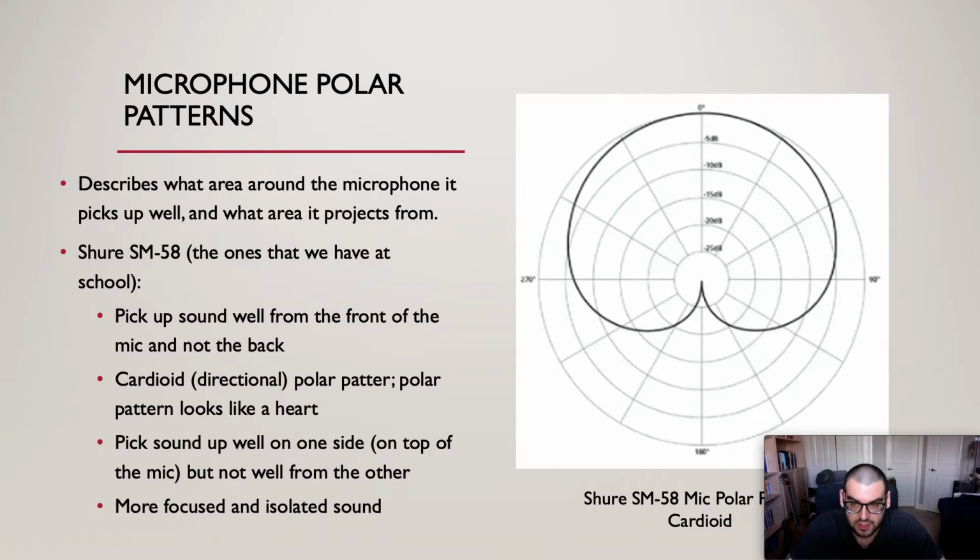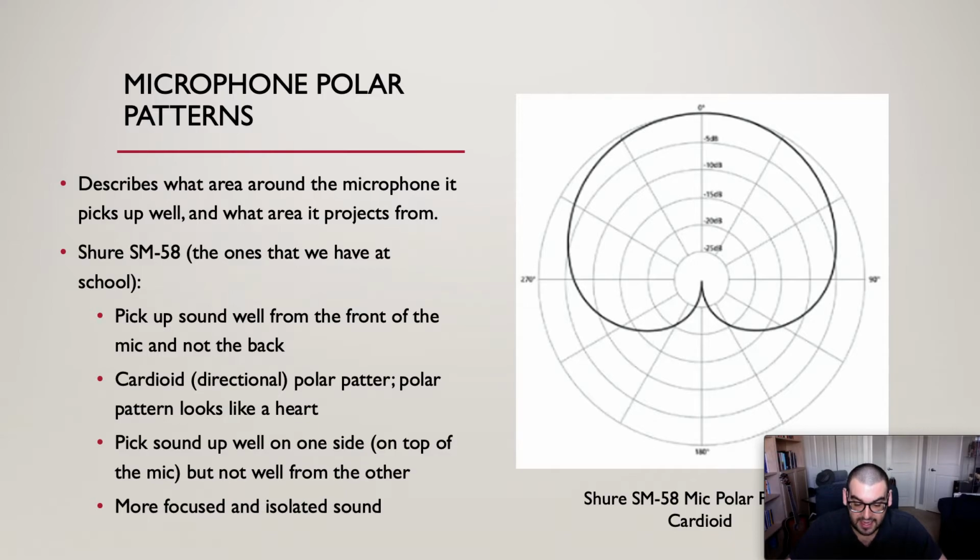So let's look at the Shure SM58 again. In this diagram here, we see the microphone polar pattern of the Shure SM58, which, if you'll remember, is a dynamic microphone. Now, it's designed, again, to be used on stage for a vocalist, and we talked about the idea of having the monitor right in front of you.